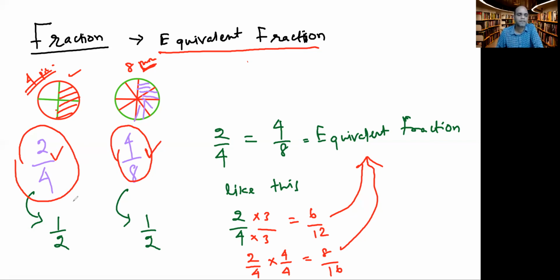How? Let us discuss. If we shorten 2 by 4 to its simple form, what will come up? Divide by 2: 2 ones are 2, 2 twos are 4, so it is equal to 1 by 2. Again, 4 by 8: if we cancel it by 4, 4 ones are 4, 4 twos are 8. So this becomes 1 by 2, and this also becomes 1 by 2.